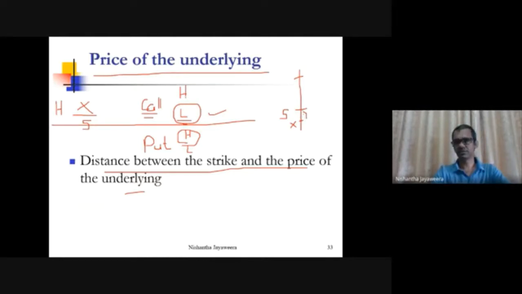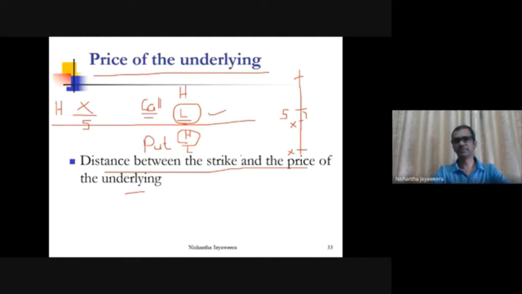There's a chance of exercising in the future. Price can go down to this one, so therefore premium is high. But if the strike is somewhere here, then chance of spot price going below this strike price is low. Therefore put option premium would be low.